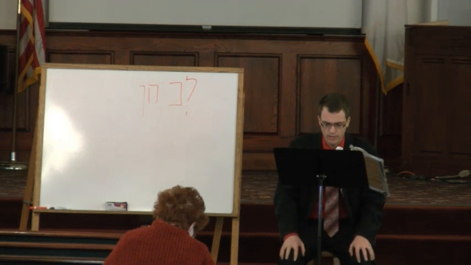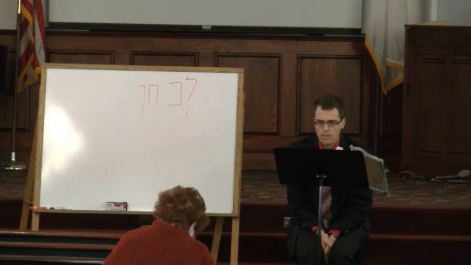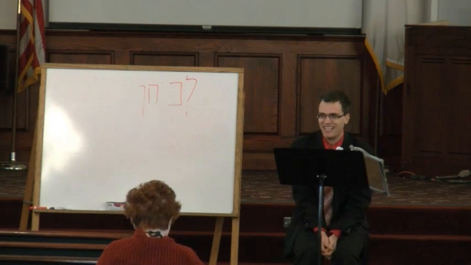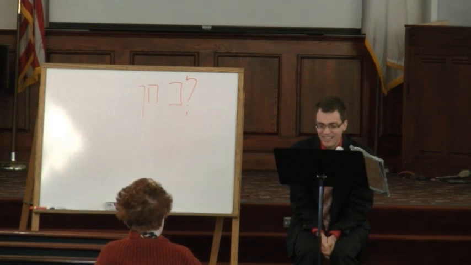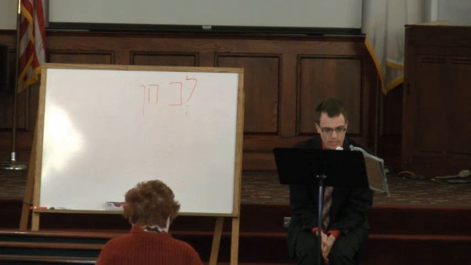How do you know that's in the house, not in a house? Because the ba. The ba. Yeah, it is because of the ba. It has a patach there, and the dagesh forte in the next one.